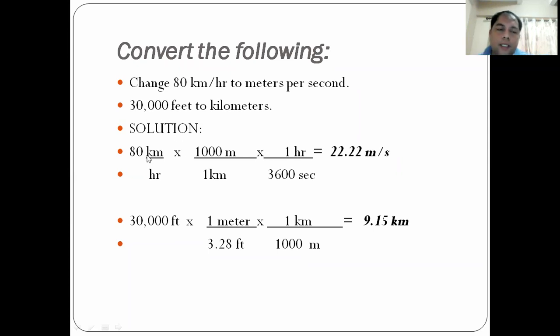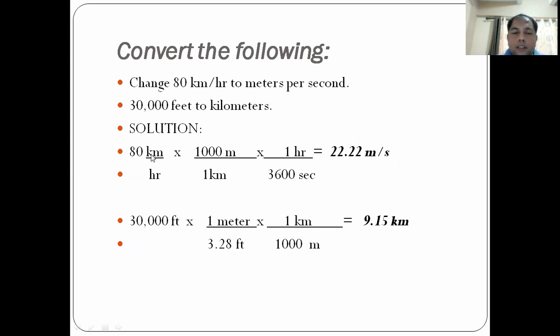Now to convert 80 kilometers per hour, we multiply by 1,000 meters per kilometer. And then, changing hours into seconds, we use the conversion 1 hour over 3,600 seconds.